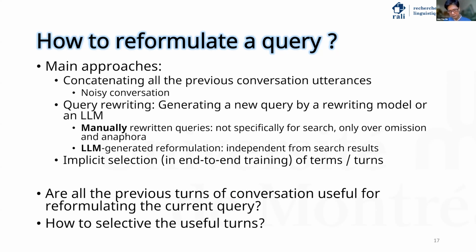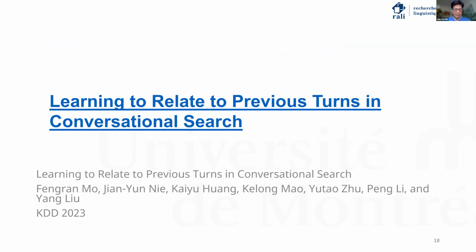If they are not always useful, how can we select only the useful terms to enhance the current term? So that's the problem that I'm going to talk about. And this is presented in the paper called "Learning to Relate the Previous Terms in Conversation Search."